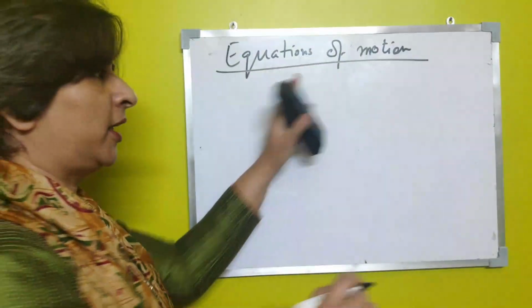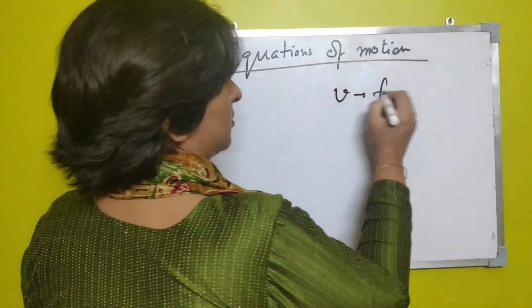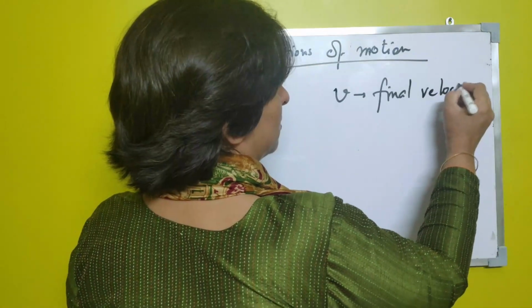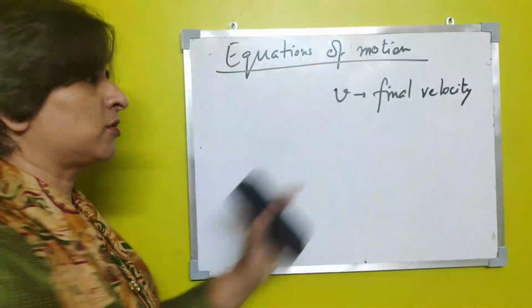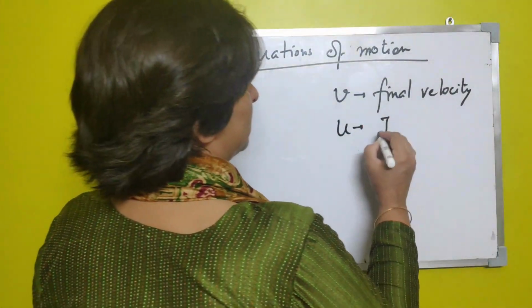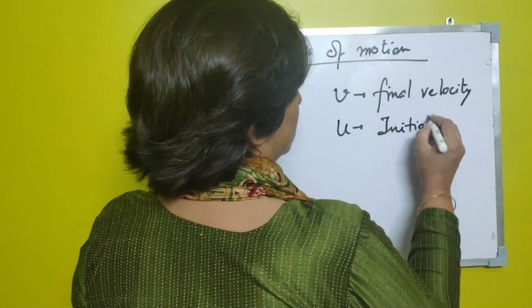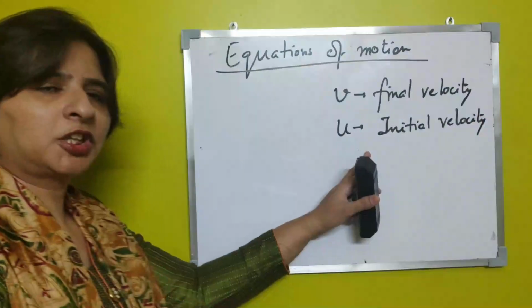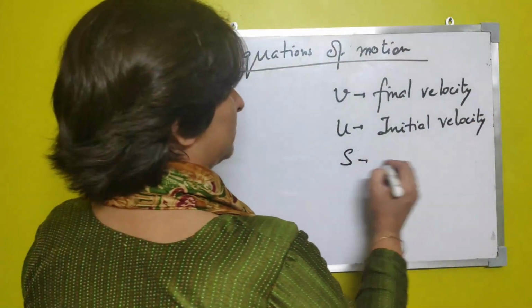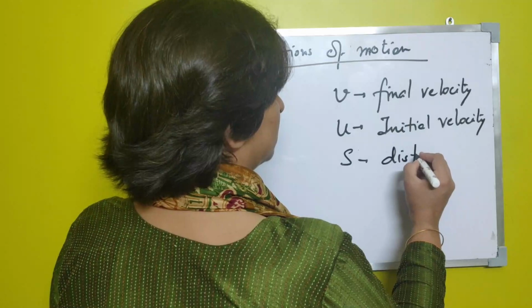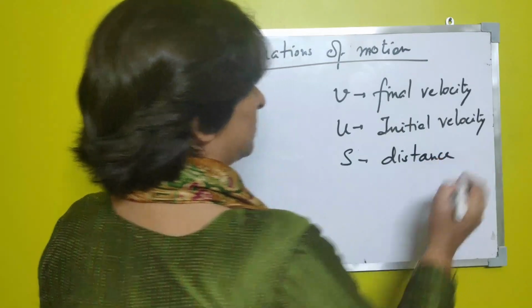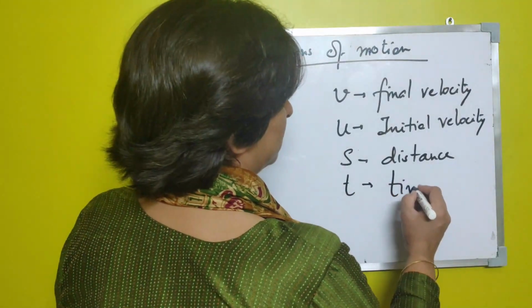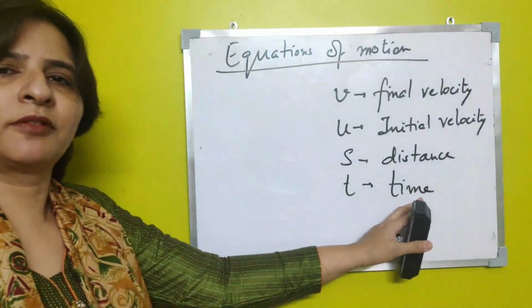Equations of motion relate final velocity, initial velocity, distance, and the time taken to cover the distance.